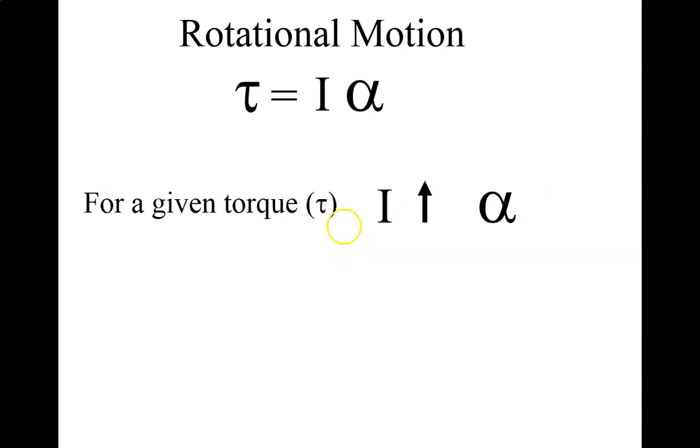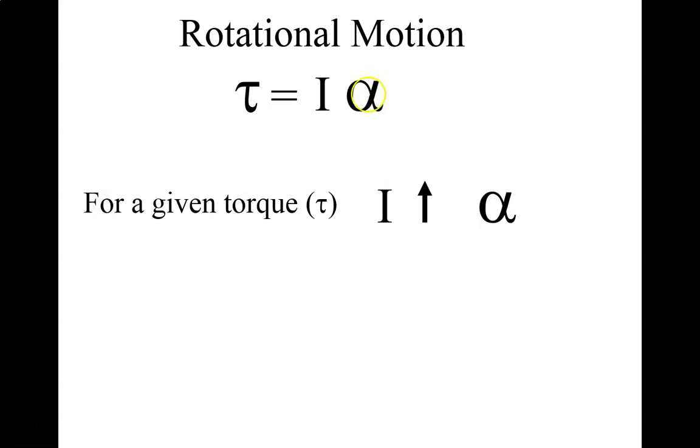Now for a given amount of torque, if I goes up, what happens to alpha? If rotational inertia increases, what happens to rotational acceleration? You can think about this mathematically. If this side of the equation stays the same, and this side goes up, what has to happen to this one in order for this to remain the same?